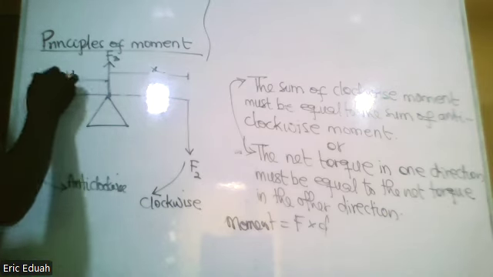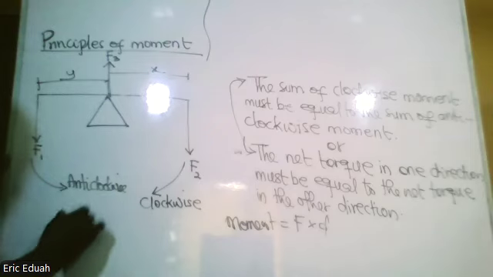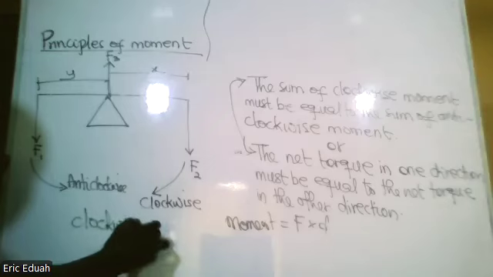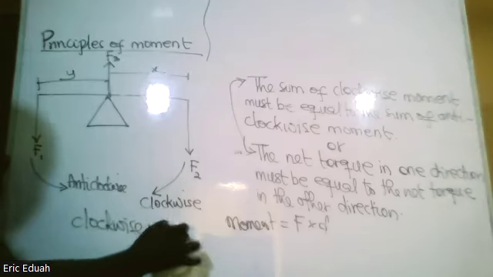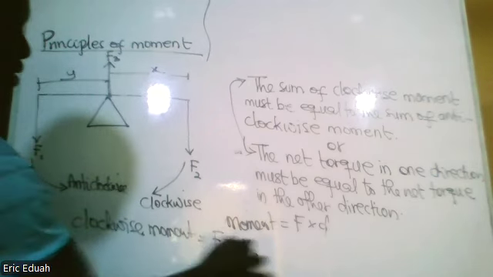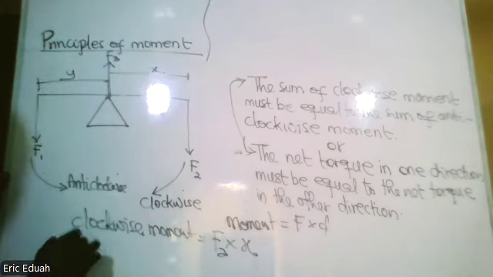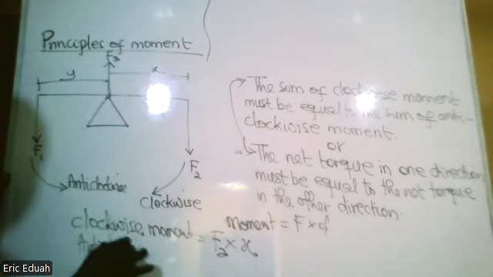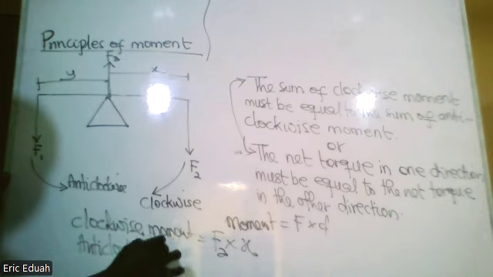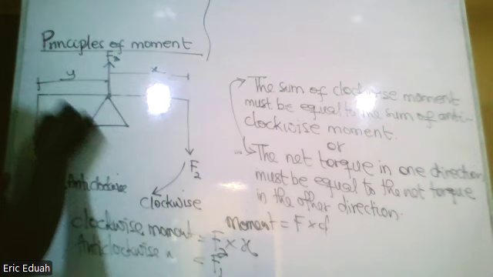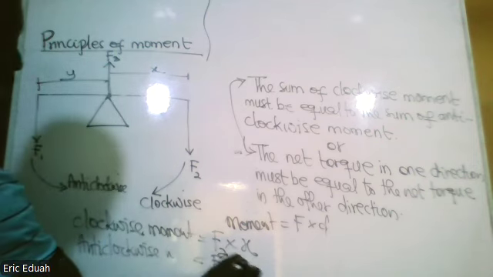Assuming this distance is y, then the clockwise moment is equal to F2 times x. The anti-clockwise moment is equal to F1 times the perpendicular distance y.